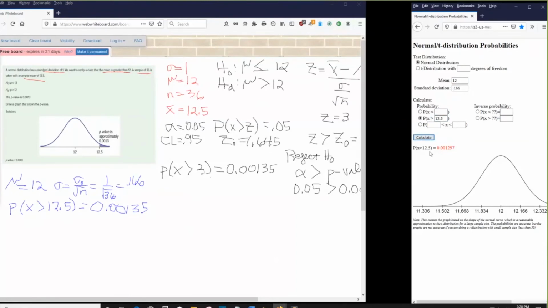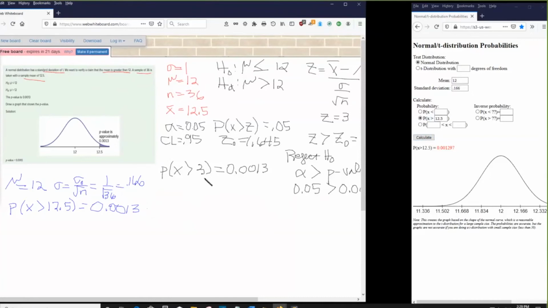And actually it gave us just slightly different results, but both of these gave us 0.13.